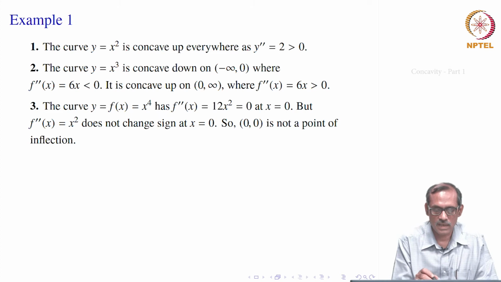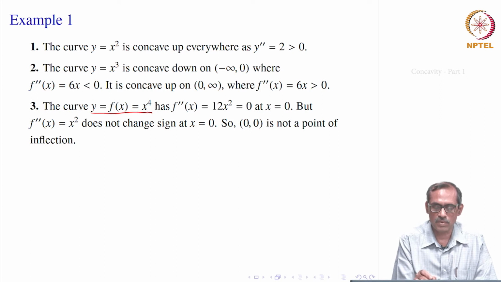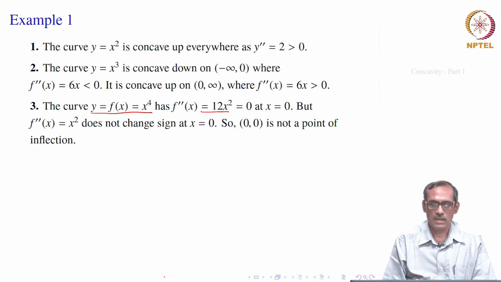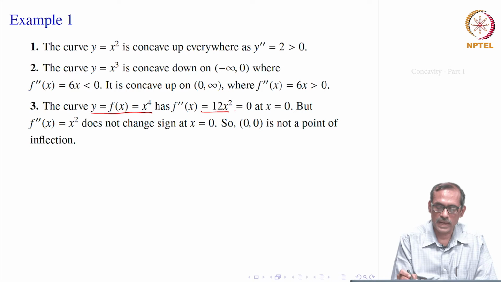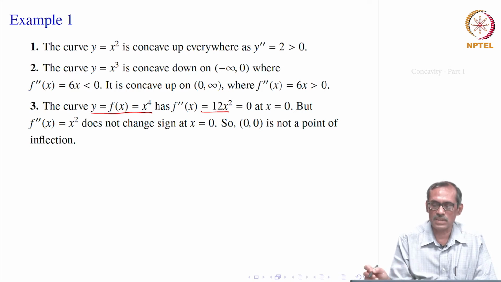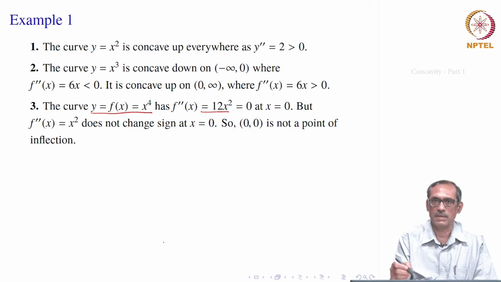Now, let us take another, say y equal to x to the power 4. In this case, f prime x is 4x cubed, f double prime x is 4 into 3, 12x square, right. So, where does it change sign? That is what we have to look at. It is 0 at x equal to 0, of course, but whether x is less than 0 or bigger than 0, everywhere it is positive, except x equal to 0 where it is 0.